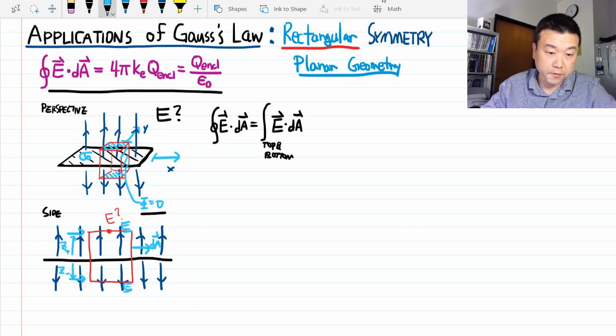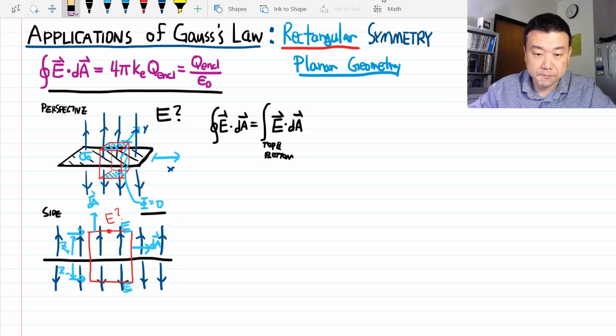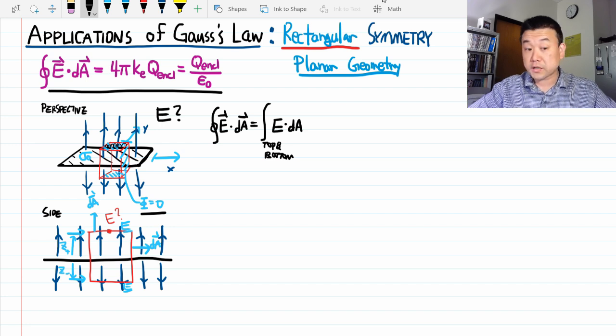And as before, the area element here is parallel to the electric field, so we can get rid of this dot product. Along the top surface, the electric field has to be constant to obey the translational symmetry. And the electric field along the top surface has to equal the electric field along the bottom surface so that the reflection symmetry is obeyed. What that adds up to is that this electric field value here is a constant.